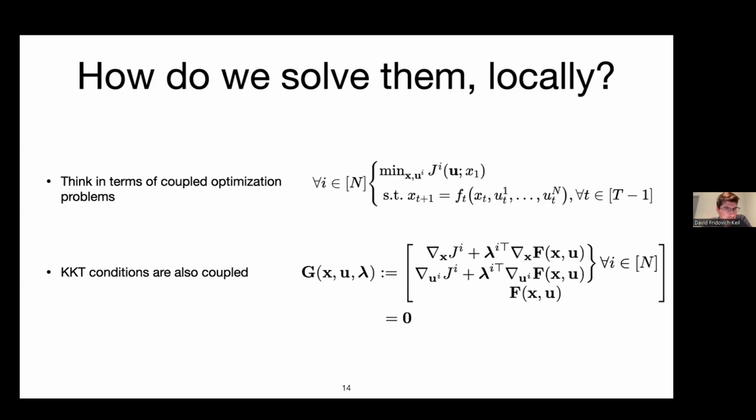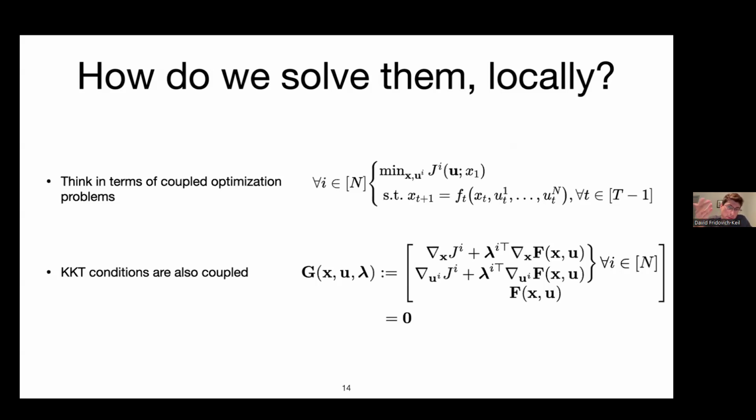So you can look at these and think, well, if I can find a root of the map G, then I've at least satisfied every player's first order optimality conditions. What that's saying is each player is, to first order, at an optimum.